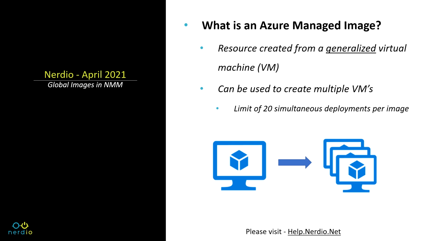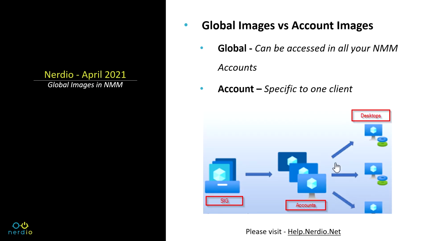Now, there is a limit of 20 simultaneous deployments per image, right? So that would be 20 hosts all suddenly coming from that image at once. So again, an Azure managed image allows you to prepare an image, set it, and then use it as a replication tool.